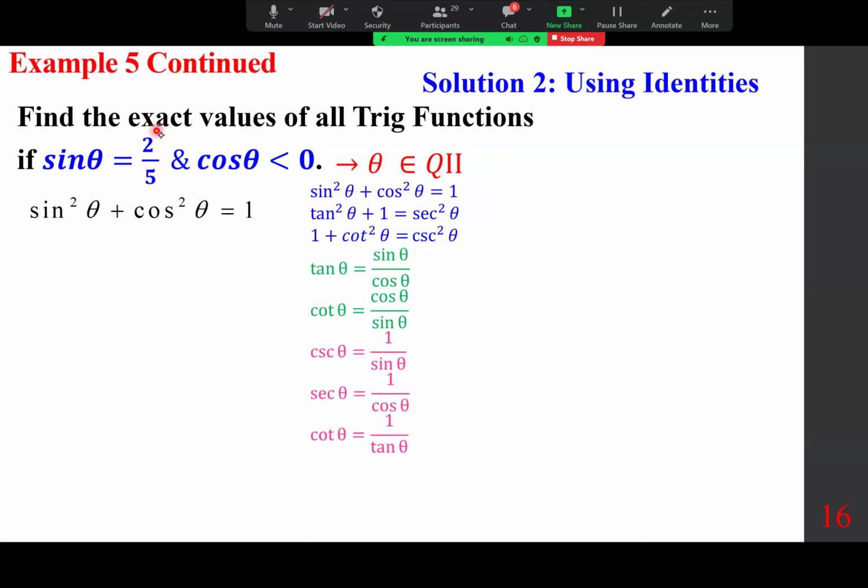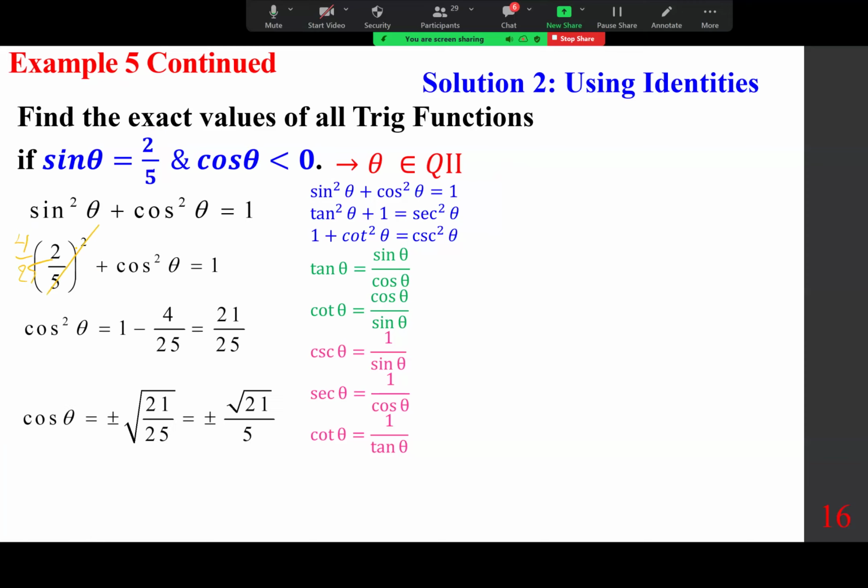Replace the sine with 2 over 5, which is 4 over 25, and subtract it from 1. You get 21 over 25. And cosine is plus minus the square root of 21 over 25, which comes out as 5.